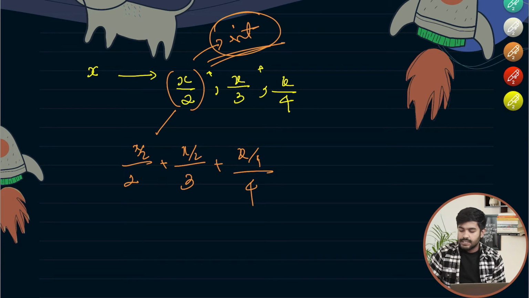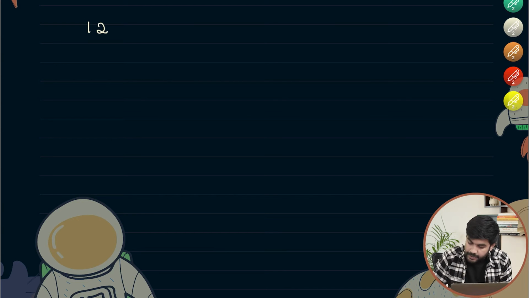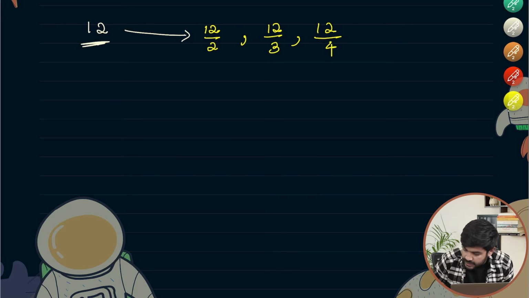You won't understand this unless you see an example. So the example is that we get a value 12. Either we can take this value or we can break it down to 12 by 2, 12 by 3, and 12 by 4, and the values are 6, 4 plus 3.